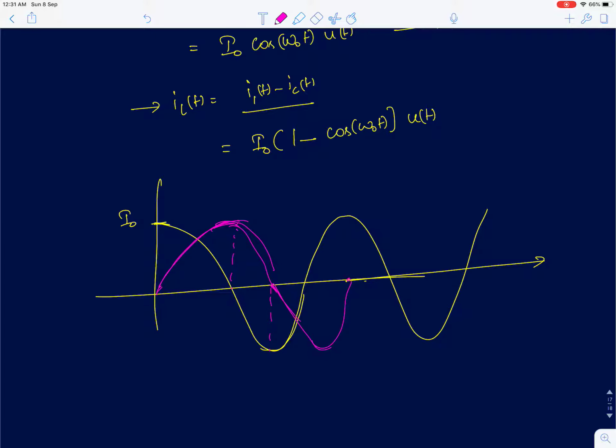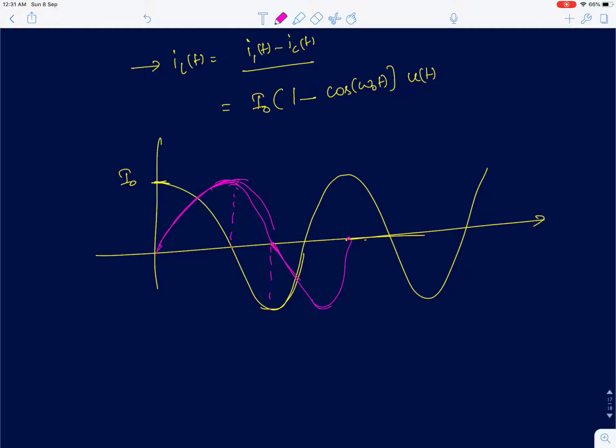And we know they will be 90 degrees apart. And the peak value of the voltage is the peak value of the current divided by omega naught C. 1 by omega naught C is the impedance of the capacitor.